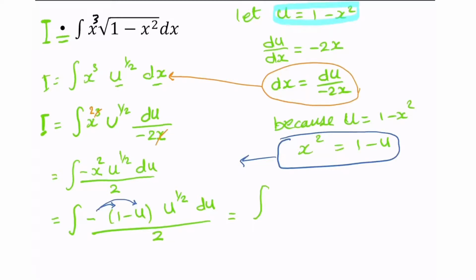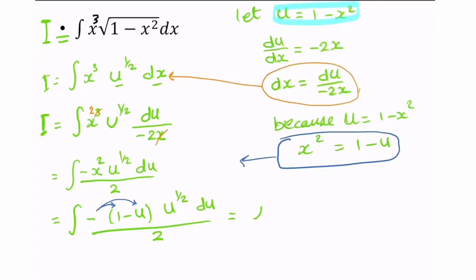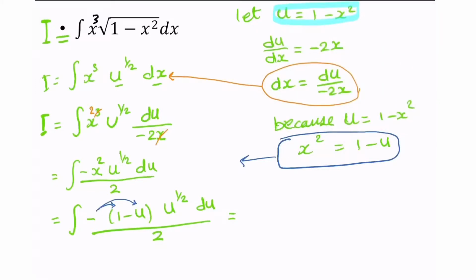Let me do it first with you, and then I'll show you. I don't have much space, so maybe I need to make my writing smaller. So there's going to be the integration of minus 1 plus u, multiplied by u to the power half du over 2.